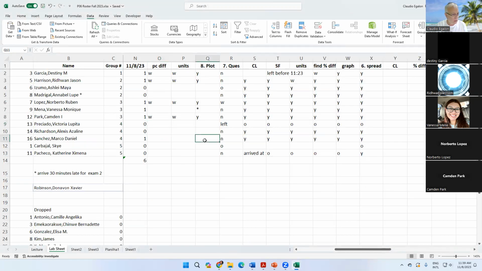Next, Marco Sanchez. Did you plot the graph, Marco? Yes, working on the units. And I presume you're working on the percentage difference as well, right? Okay, good.